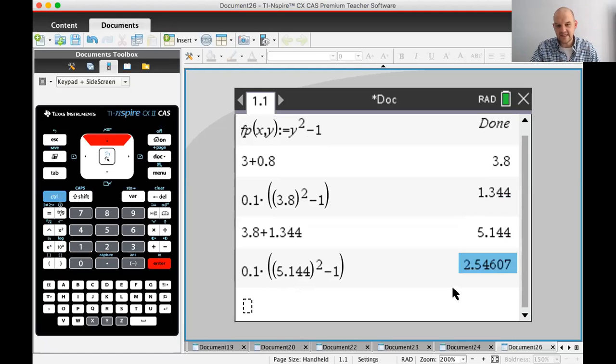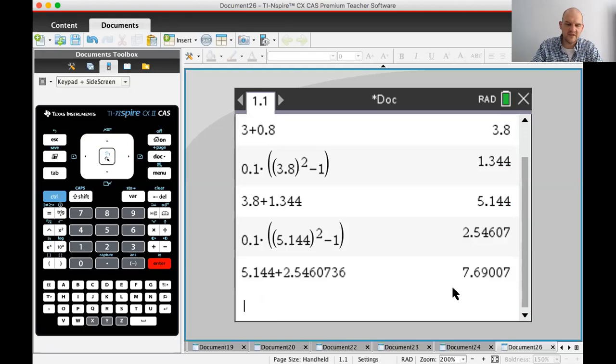I need to add these together to get a new y value. It's so annoying to do it multiple times. 7.690. So then I do 0.1 times 7.690 squared minus 1. So that's just for writing purposes.